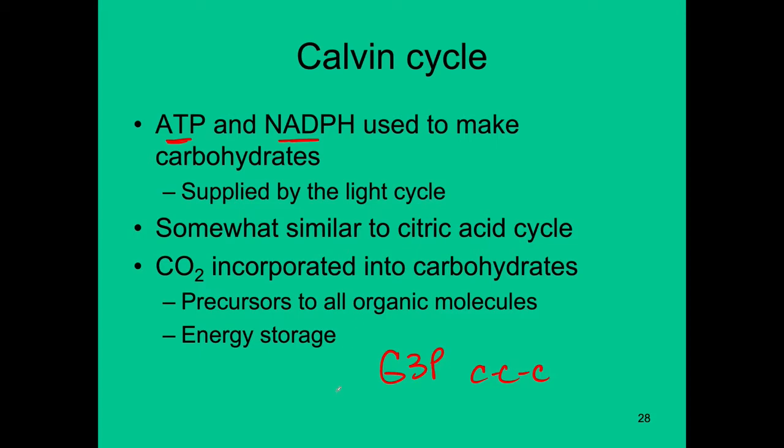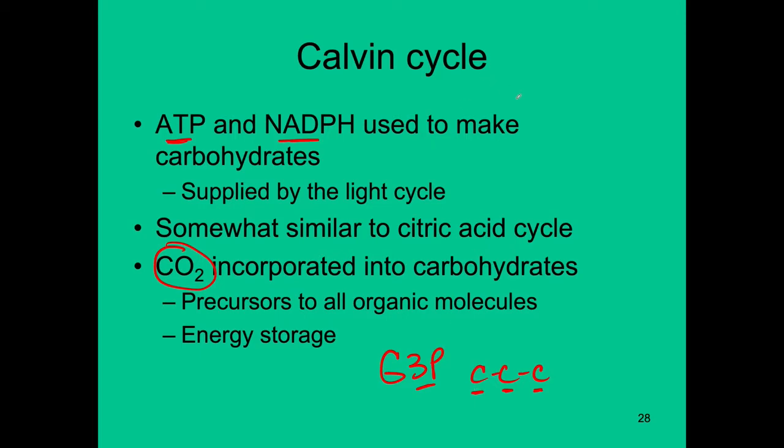Now, where this G3P comes from is we have to get carbon to make it. So CO2 is what cells are going to take in. So plant cells will absorb CO2 from the environment, and they will create these G3P molecules using the CO2.